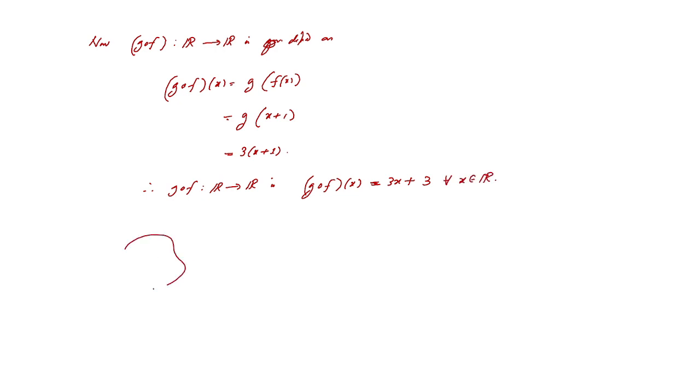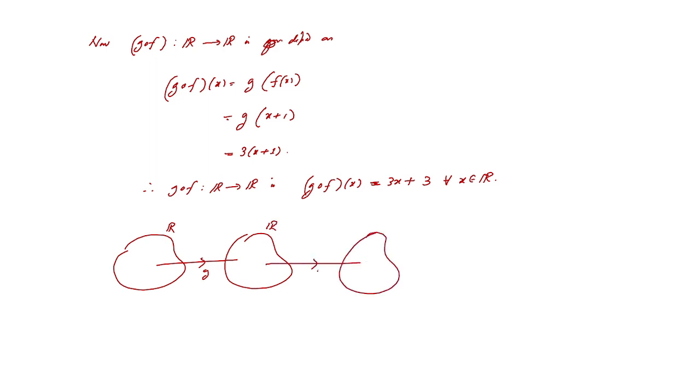Again, what will we calculate? This is again g, a function from R to R, and f is also a function from R to R. So obviously we can define f composed g here, from R to R. We check that the domain of f is a superset of the range of g.